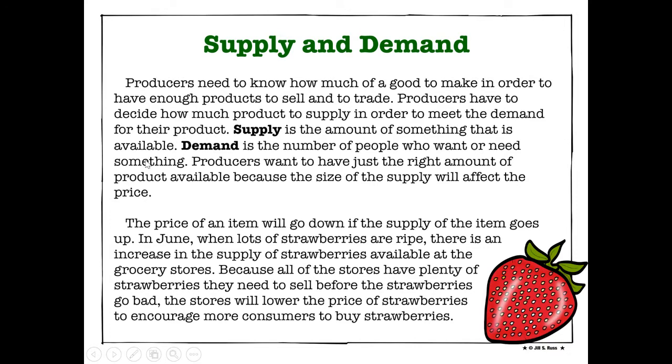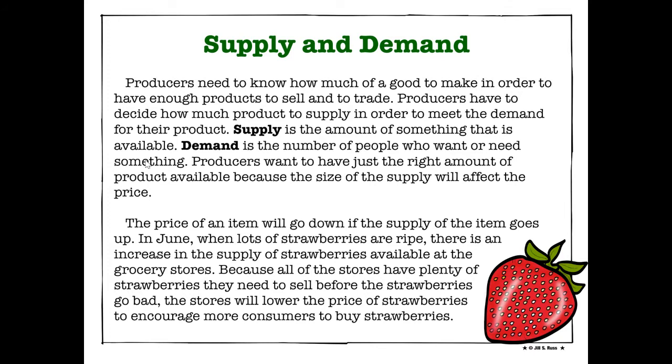So when you go to the store, all the stuff in the grocery store is the supply. It's the amount of that stuff that is available. The people shopping for that item are making the demand.